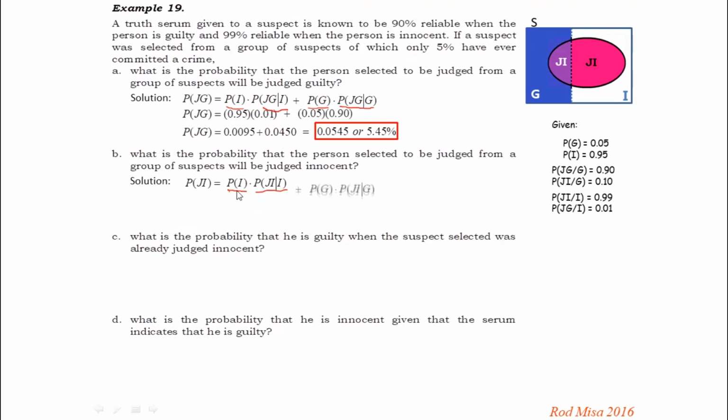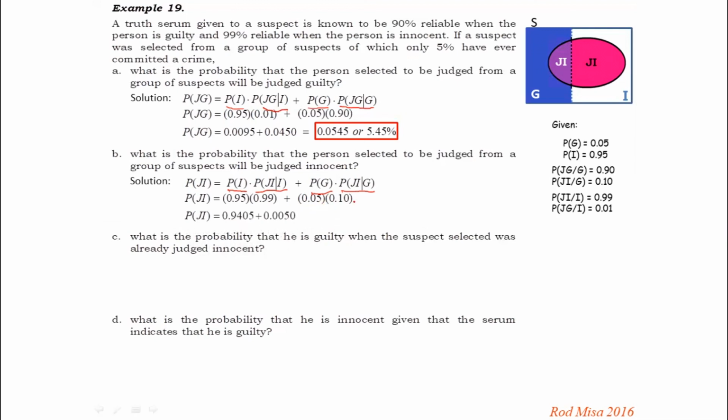And this will be added to the second case of judging the suspect as innocent given that he is really guilty of the crime. But we know that the probability that the suspect is innocent is 95%, and this will be multiplied of judging him innocent given that he is really innocent of the crime, which is 99%. Added to the second case, which is the probability of the suspect to be guilty, is 5% here, multiplied to the probability of judging him innocent even if he is really guilty of the crime, which is 10%.